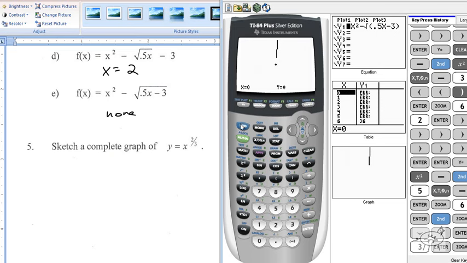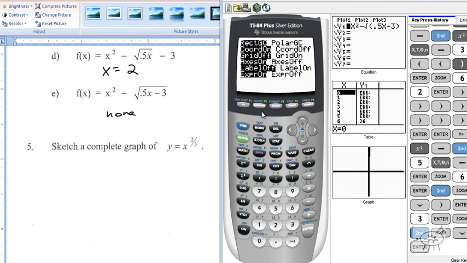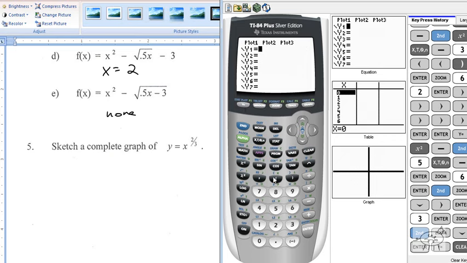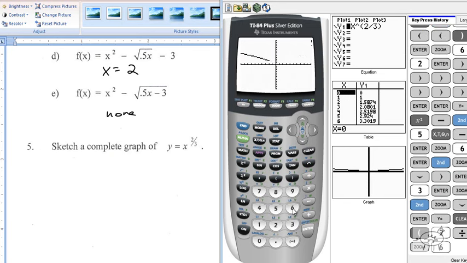So actually I need to turn on the axes again, because I like my axes on. Okay, and then let's type in this one right here. It's x raised to the parentheses 2/3 power. Okay, and then we're going to do zoom 6.